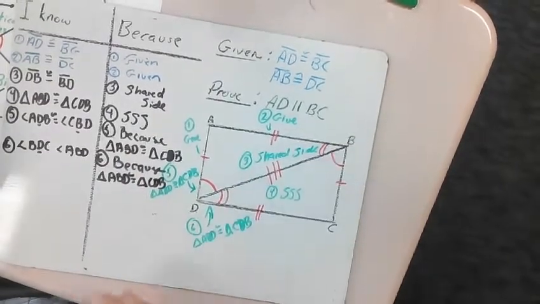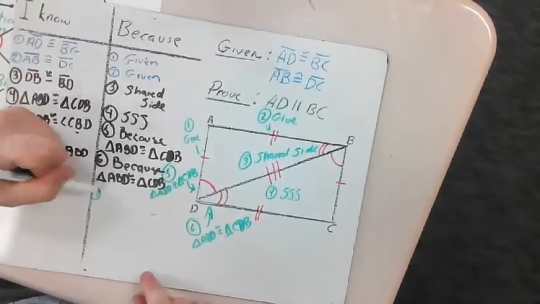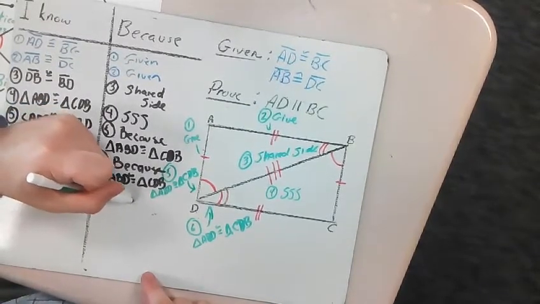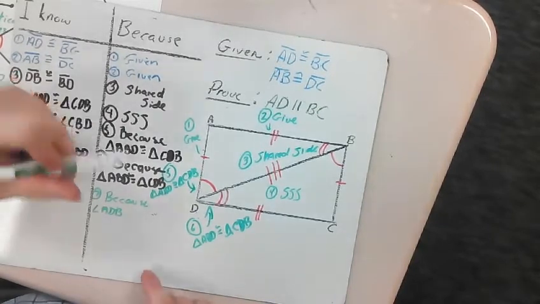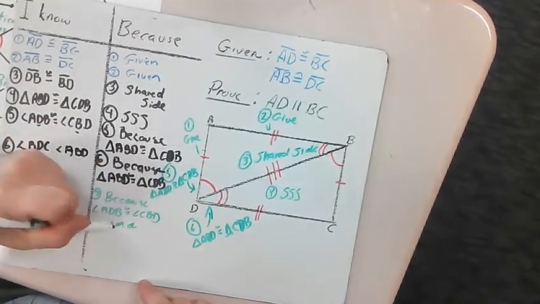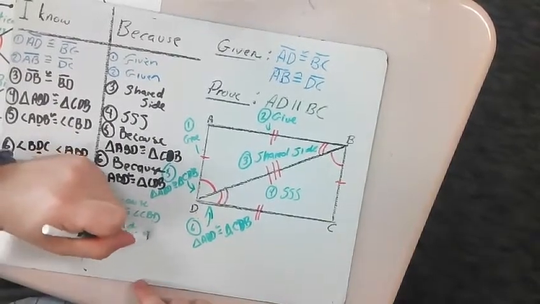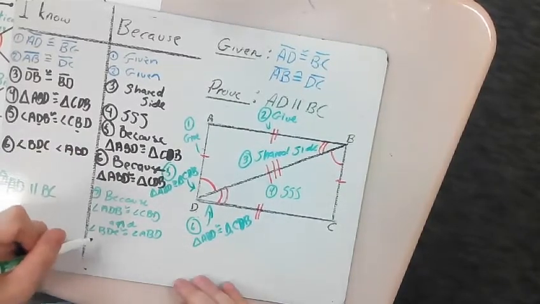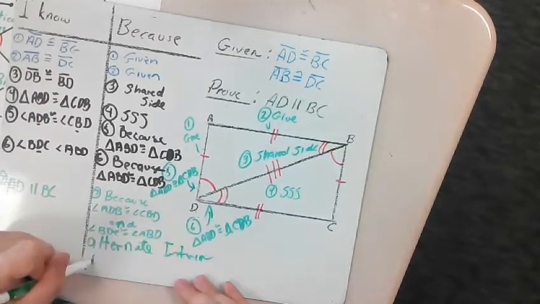Okay, so now I proved that these angles exist. I can now state that AD is parallel to BC, and I could state that because angle ADB is congruent to CBD, and BDC is congruent to ABD, and they are alternate interior angles.